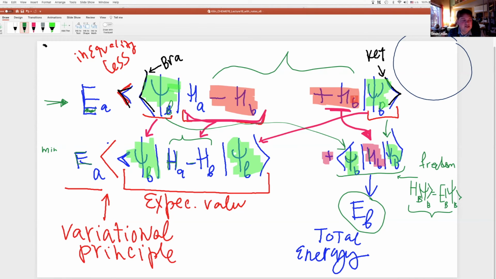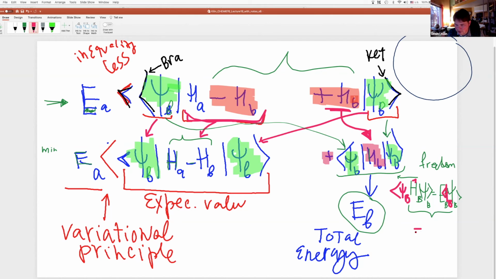And I can multiply it by bra from the left, psi B. And here, since it is energy, not an operator, I can put another bra psi sub B inside here.